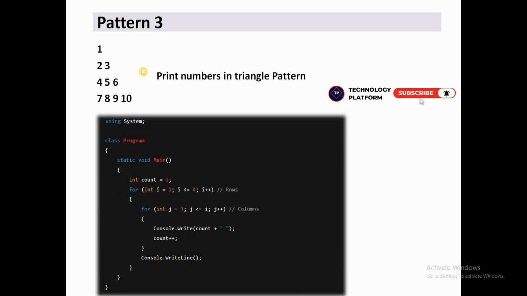Next pattern, we have to print 4 rows with 4 columns. So here we have 4 rows with 4 columns in the triangle format. Here we have to set the same pattern, same rows, same columns.